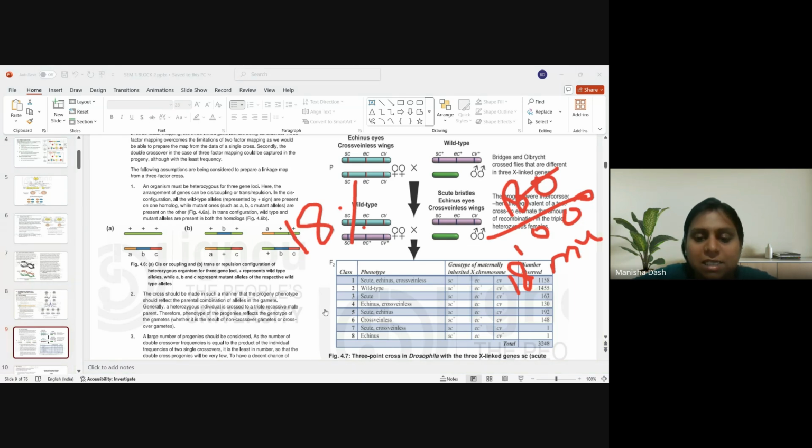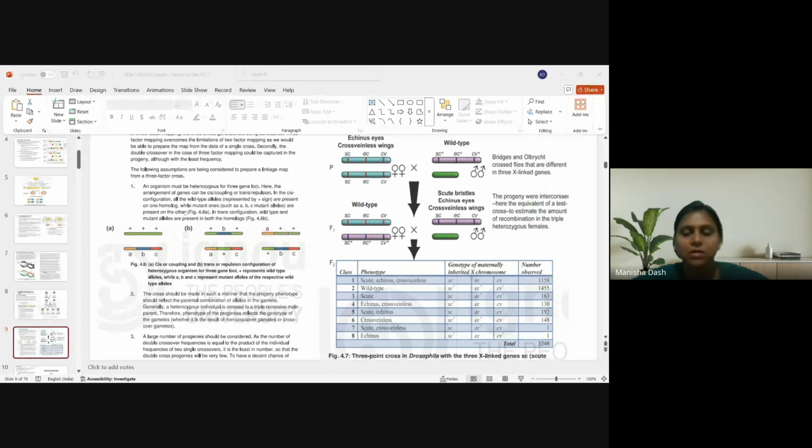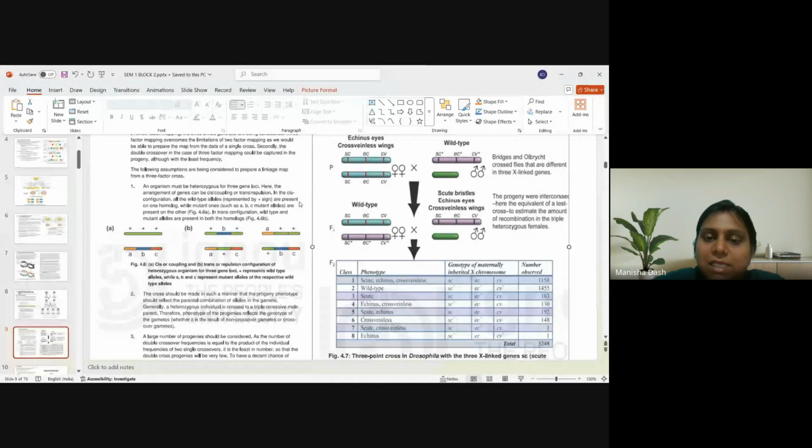So here is another example that you can see. We have different phenotypic combinations here. So always remember, as I told you, the plus indicates a wild type gene, and the recessive or mutant character is expressed by whatever sign is given there.